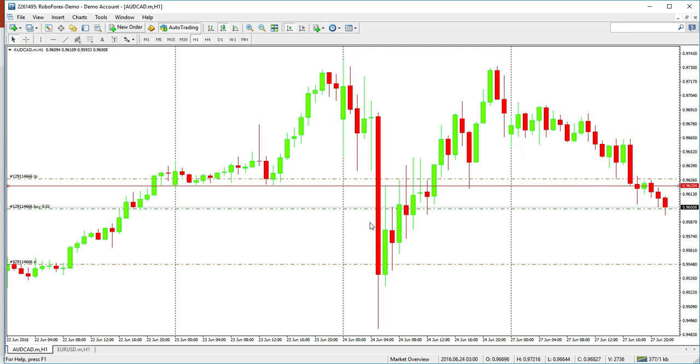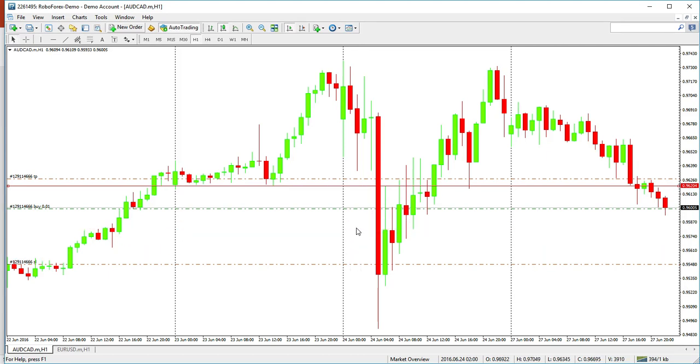And in this case where the market suddenly moved down, what can happen with our new version 6.0? You started a sell trade here.